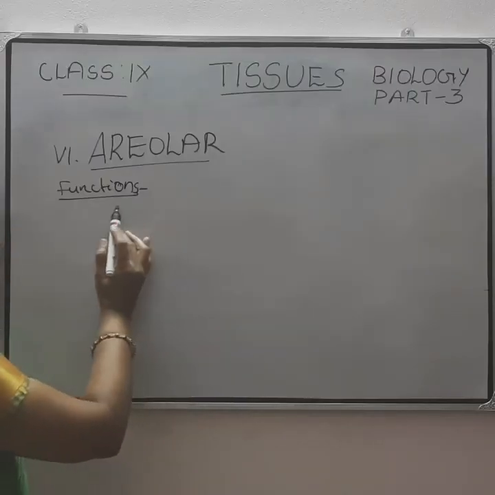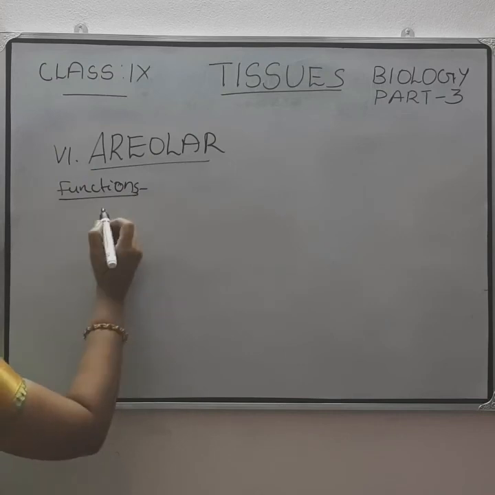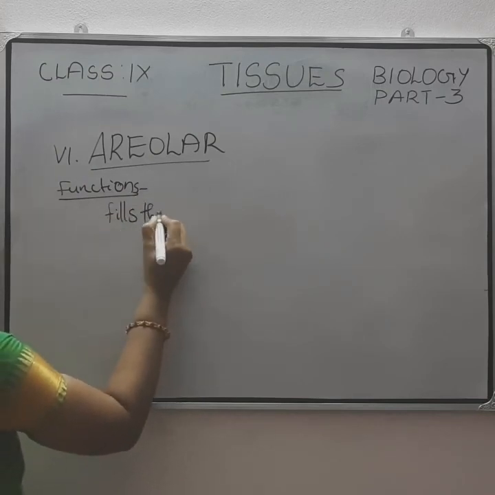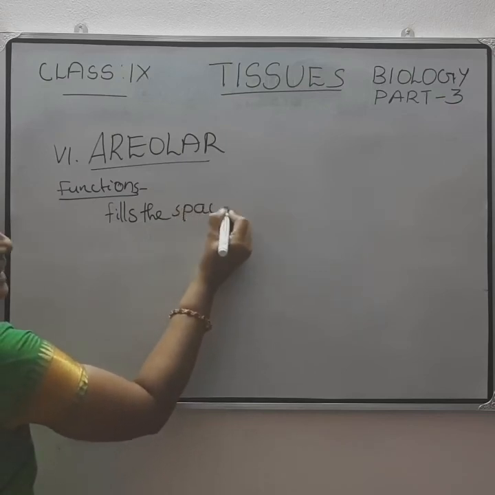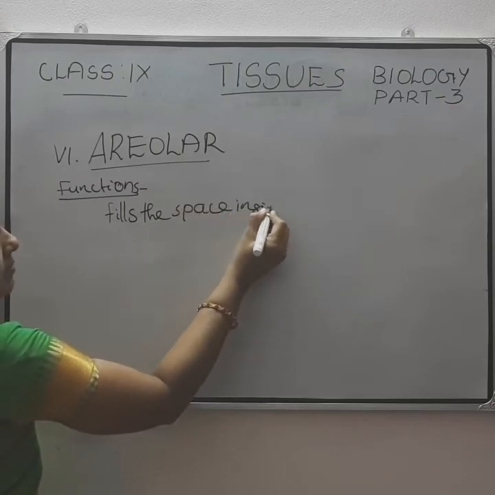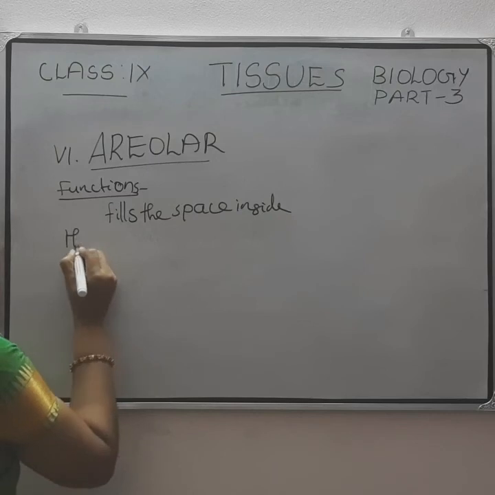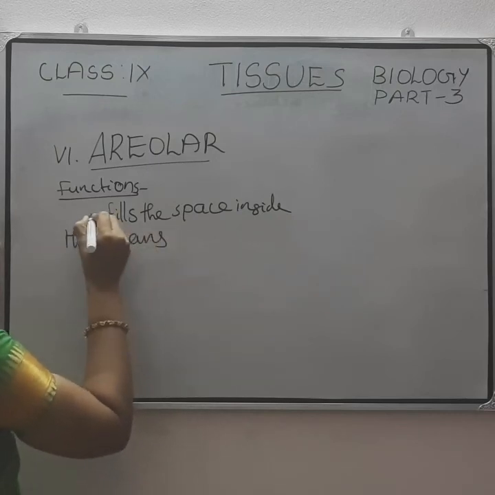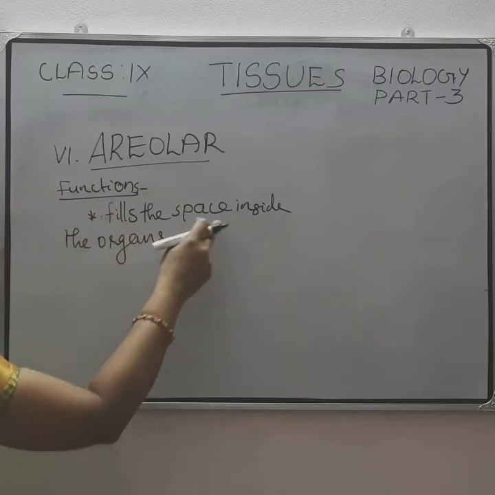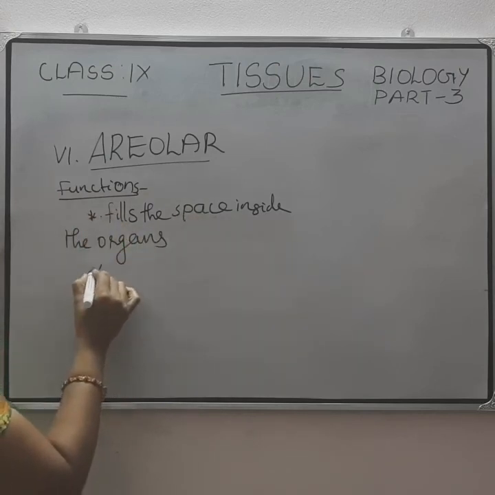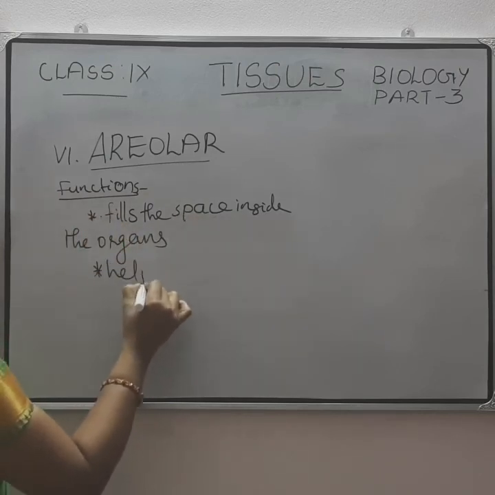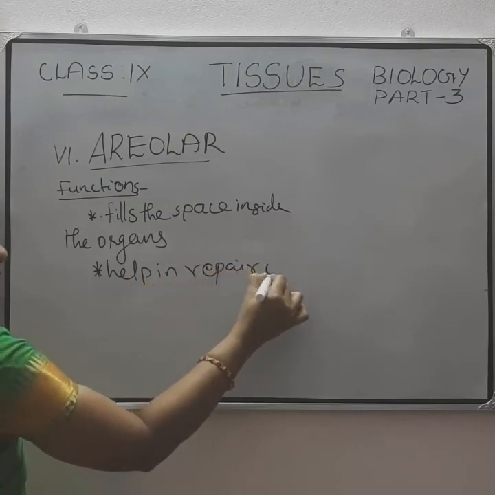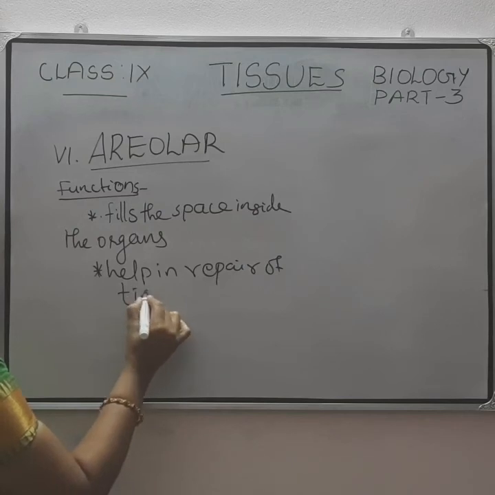Now the functions of areolar tissue. It fills the space inside the organs. So one function is that it fills the space inside the organs, and it also helps in repair of tissues.